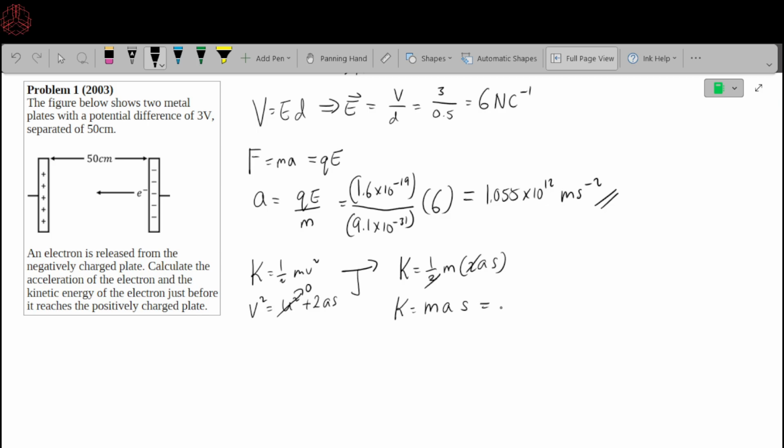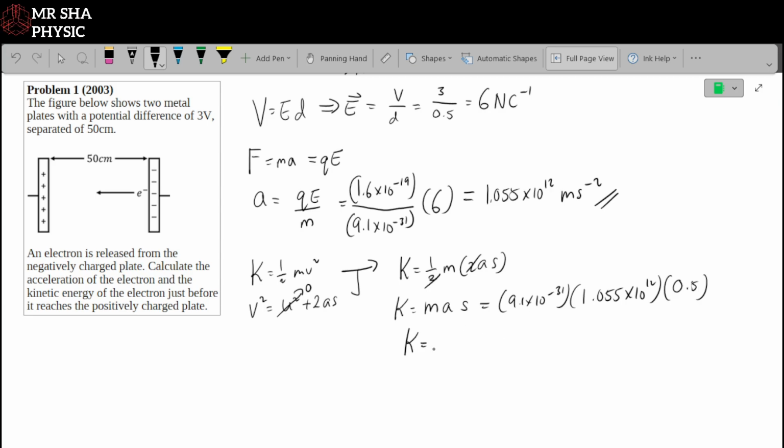The mass of the electron, as we've seen before, is 9.1 times 10 power of negative 31, times the acceleration, which is 1.055 times 10 power of 12, and the distance that it has traveled, which is 0.5 meters.